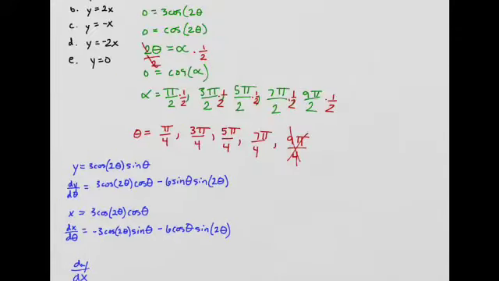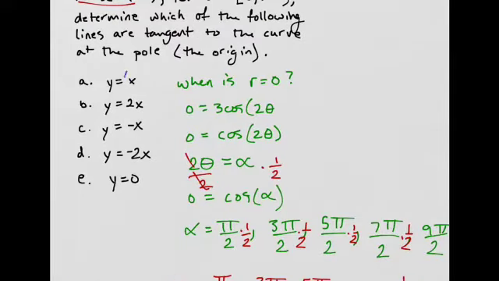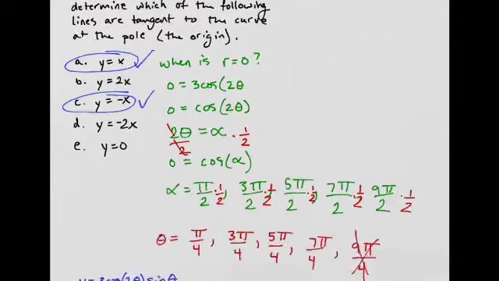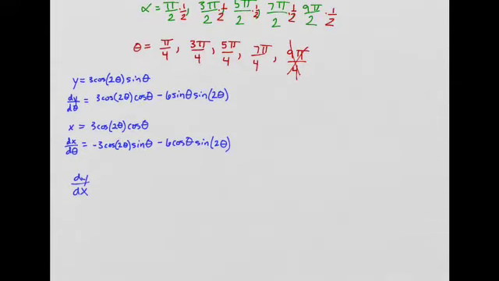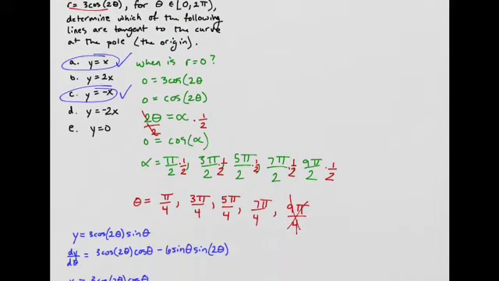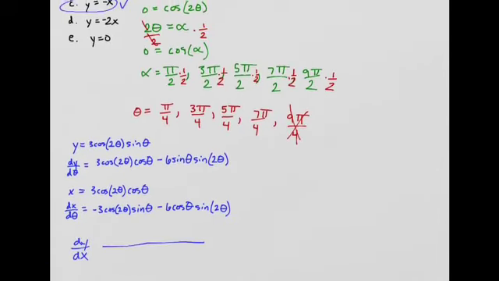So the ones that would work are the slopes with +1. So that one works, A, and a -1. So that slope. So those are the answers. You should verify dy dx. Hopefully you did that on your own. And then plug in these and see what you get. You should get +1 and -1. And that's all. Hopefully you're satisfied with the steps of that. I hope that makes sense.